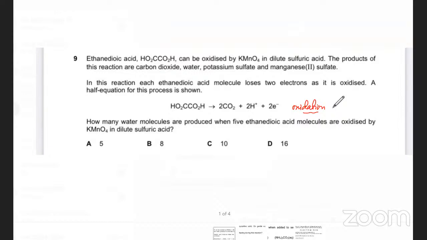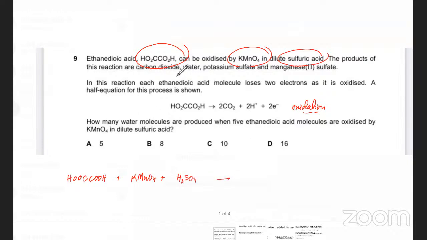They're saying that this molecule is reacting with this molecule in dilute sulfuric acid. So this molecule over here, COOH, is reacting with KMnO4 in dilute sulfuric acid, that's H2SO4. I'm making the whole equation.